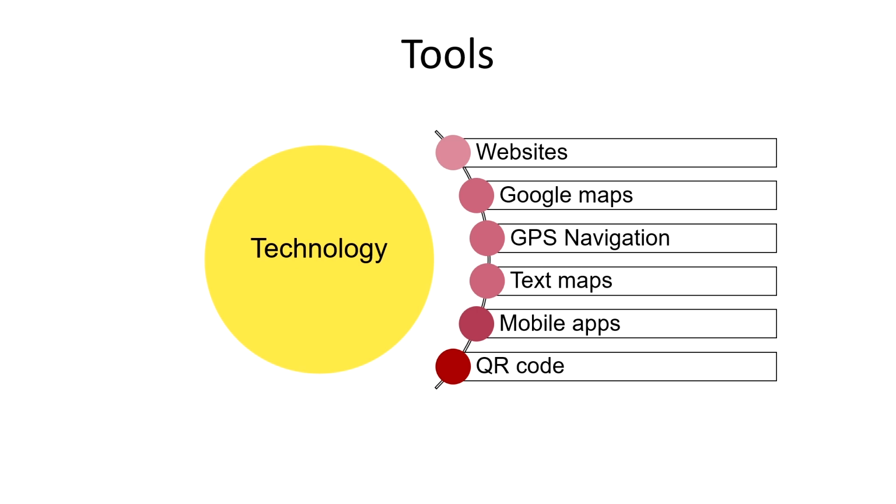Text maps, mobile apps, and QR codes complement traditional signages by providing dynamic, interactive experiences. For instance, scanning a QR code on a museum exhibit may unveil additional information or multimedia content, enriching our understanding and appreciation of the surroundings.